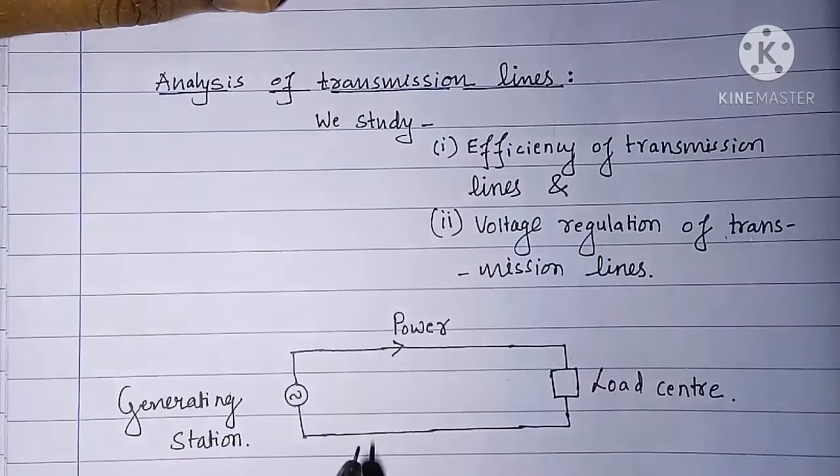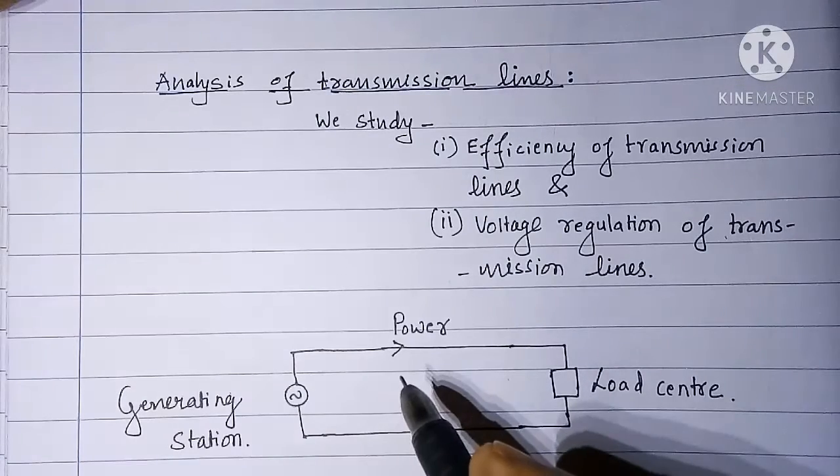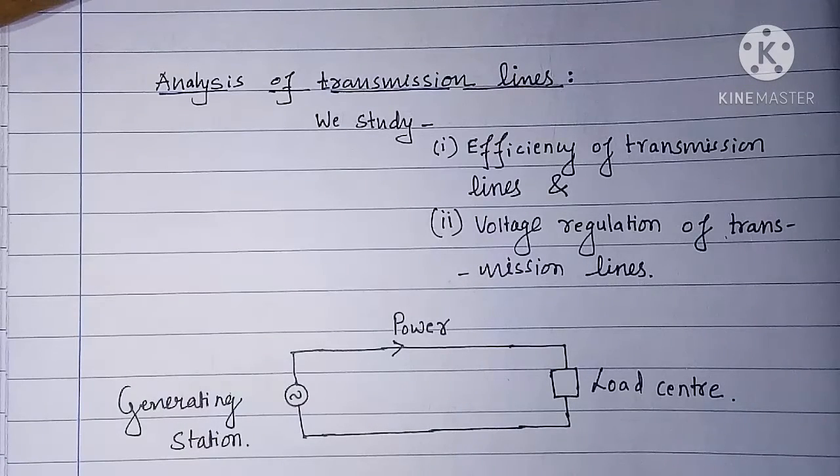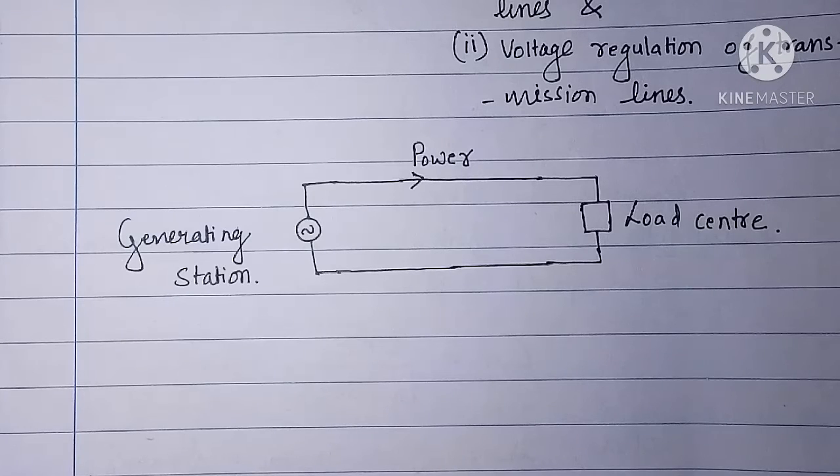The transmission line here will be having various power apparatus. We all know that a transmission line consists of power conductors, transformers, protective devices, and so on.